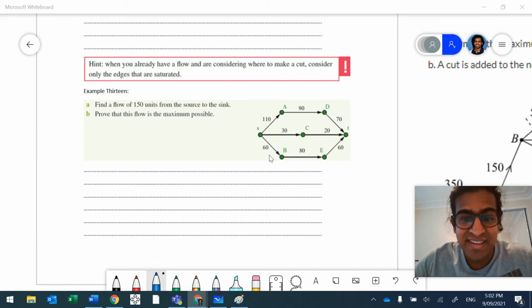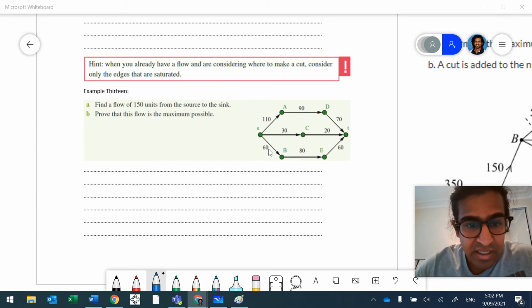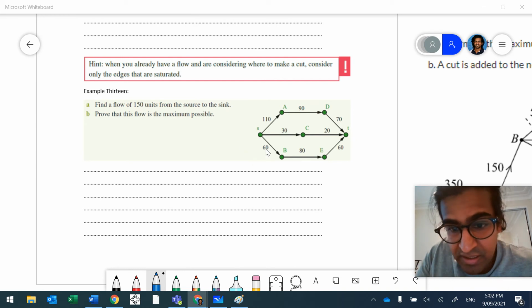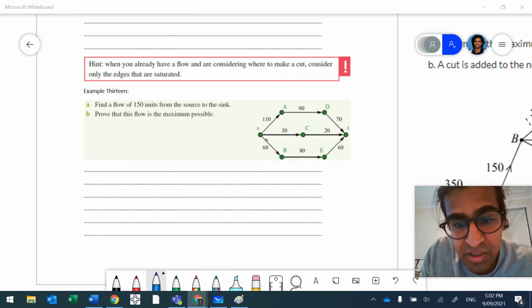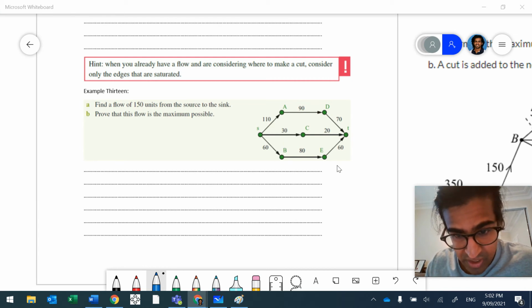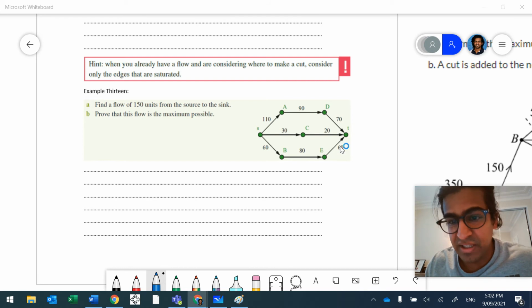We don't know yet, but let's think about how to approach this problem. Now, it says find a flow of 150 units from the source to the sink. Well, there's not many different options, but we can go this way, or this way. Pretty clear, 3 pathways through from the source to the sink.